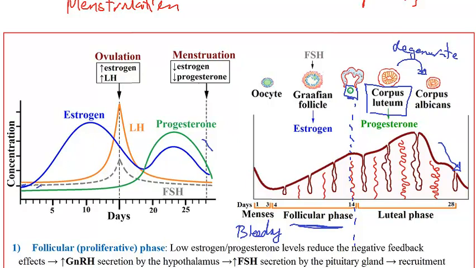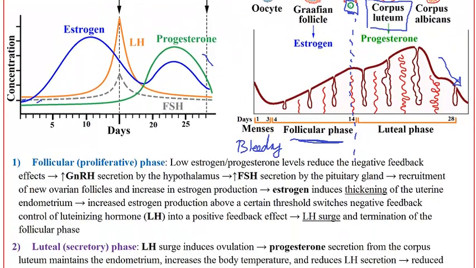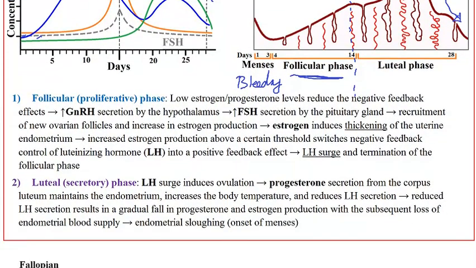All right, so with all that being said, let's go over the mechanisms that we just described. First we have the follicular phase, the other name for which is the proliferative phase. Initially we have low estrogen and progesterone, and since there is a low level of these hormones, there would be a lessened negative feedback effect.